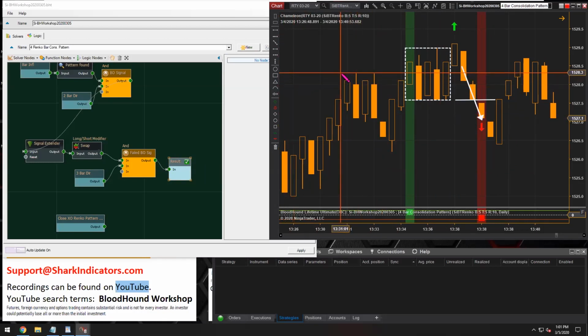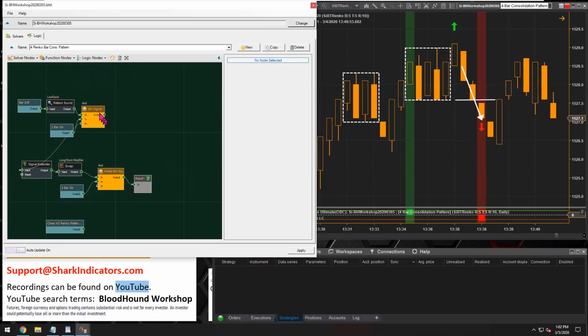Great. We got 2. I didn't even notice this, but we got 2 failed patterns in a row, so that's perfect. So we got 2 examples of 2 failed breakouts right there. Perfect. So we know this signal is working good. So here's our little breakout, and then we get a reversal. Boom. So there's the failed breakout signal and a failed breakout signal.